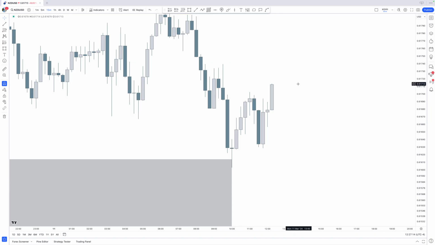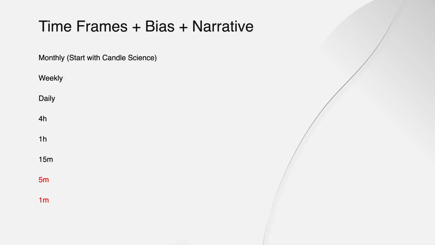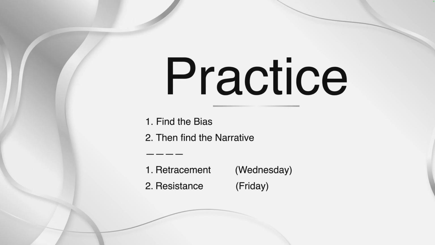I do not want to dive too deep into that just yet, but that is how we eventually work our way down as well. Now, in order for us to understand this, we can't understand this just yet if we don't know how far price can actually retrace, which is all things we need to go over first. So we have a brief understanding of the time frames, the bias, and the narrative, how we combine those different things right there. Now we can move on towards the practice, because practice right here is find the bias, then find the narrative.